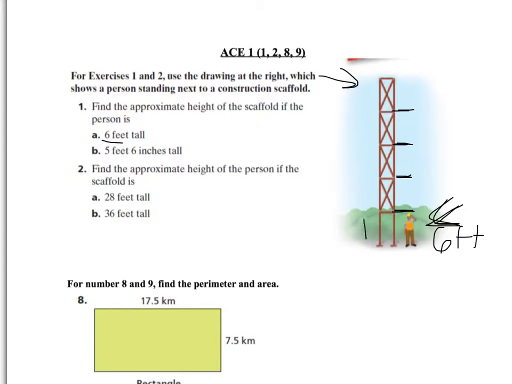So you have the one man, 2, 3, 4, and 5. So it takes 5 of him to reach the top of the scaffold. Now all you simply have to do is multiply 6, the 6 feet, times 5. And that's going to give you 30 feet.